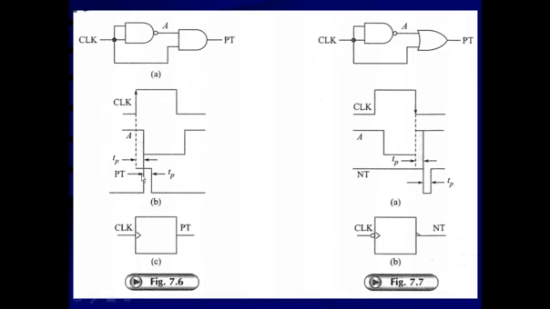If continuous clock pulses are given, then at every positive edge of the clock pulse, positive pulses will occur. But if you need a negative pulse like this, with this circuit, what will you do? The output of this one is connected to one more inverter, a NOT gate. That means this positive pulse is converted into a negative pulse. And this negative pulse occurs at the rising edge, or leading edge, of the clock pulse only.